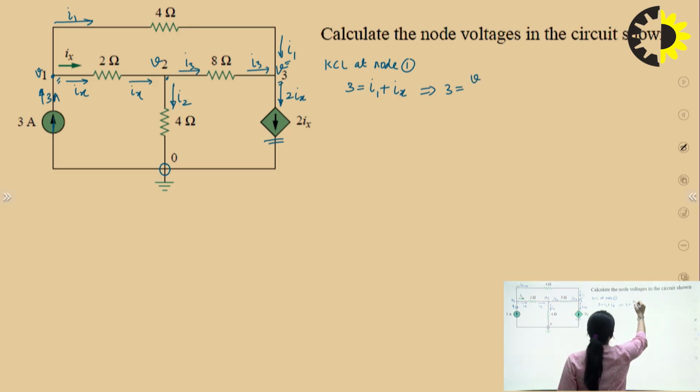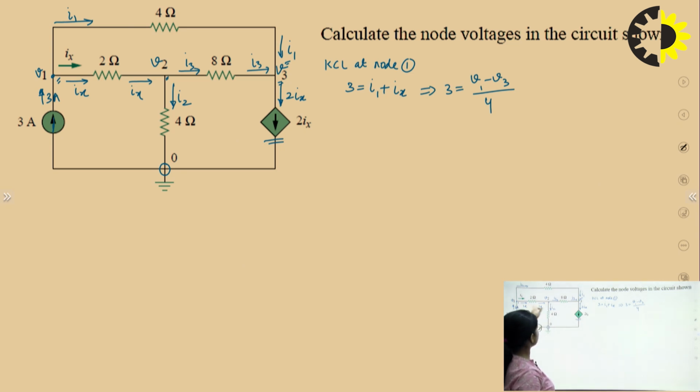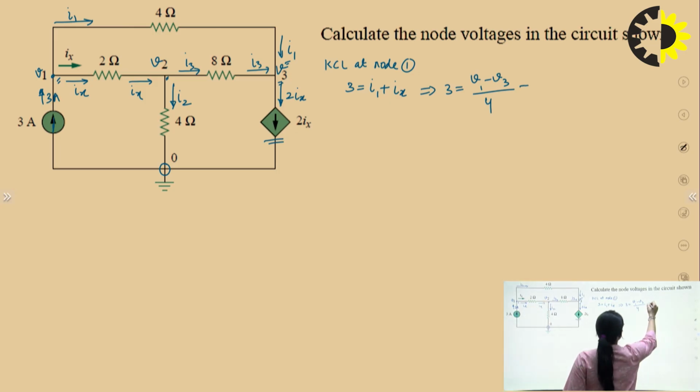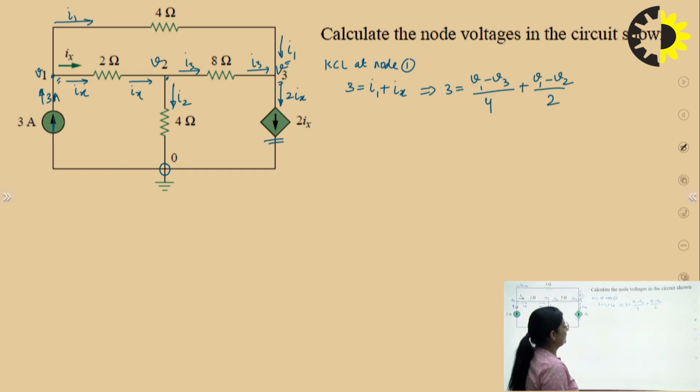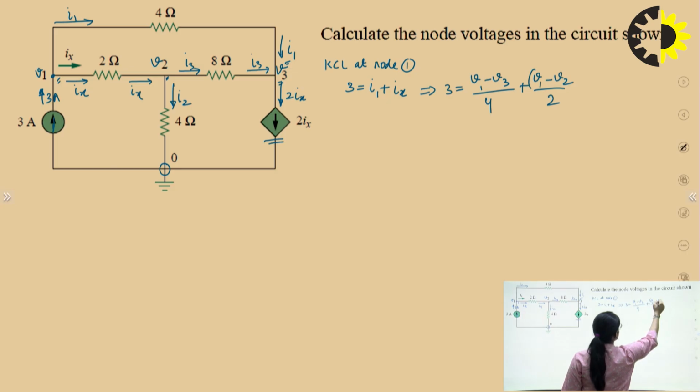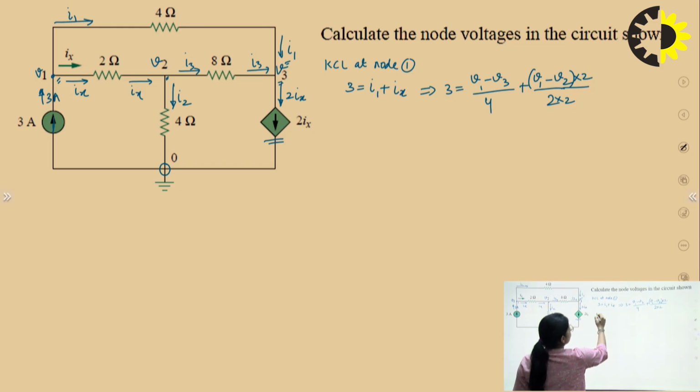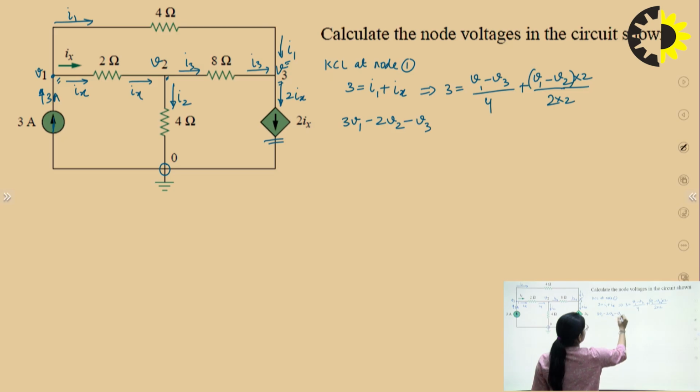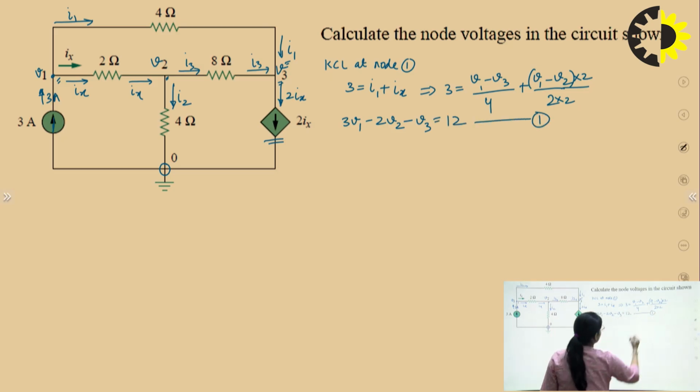Ix in terms of node voltages is (V1 minus V2)/2 plus (V1 minus V2)/2. Now rearrange the equation. Multiply by 2 and the denominator by 2. So now this is 3V1 minus 2V2 minus V3 is equal to 12. This is your equation 1.